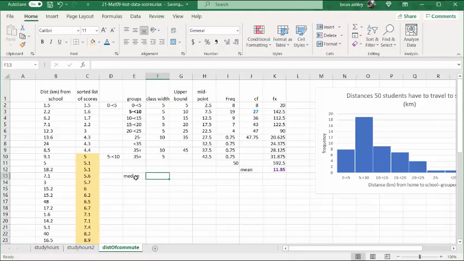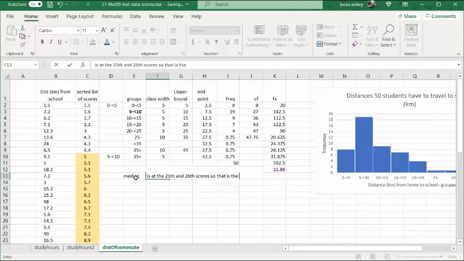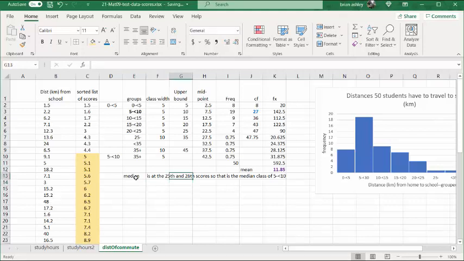Median is at the 25th and 26th scores. So that is the median class of 5 to less than 10. There. All right, that's your median.